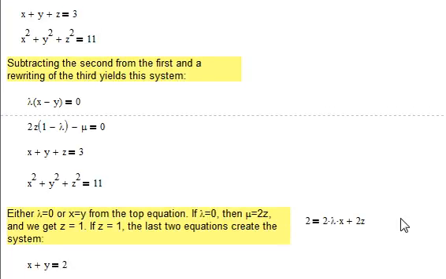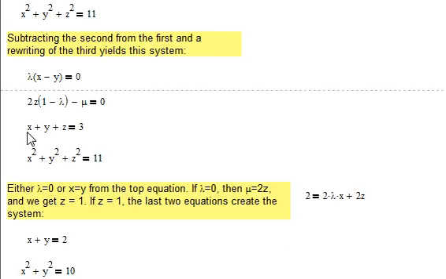And if z equals 1, then the last two equations: x plus y plus 1 equals 3, so x plus y equals 2. And x squared plus y squared plus 1 equals 11, so x squared plus y squared equals 10.